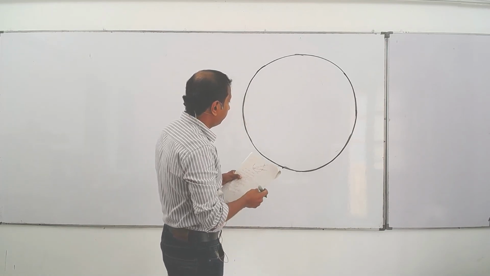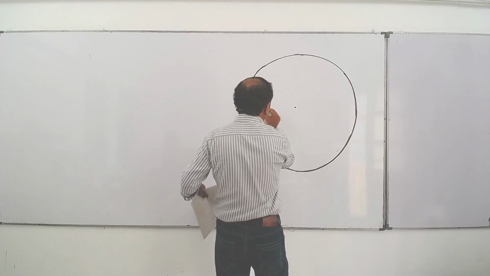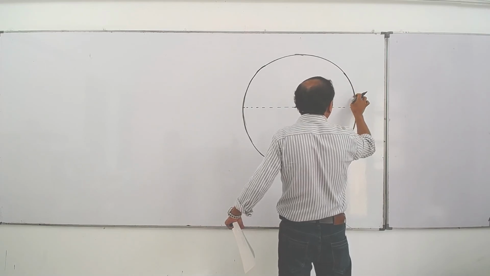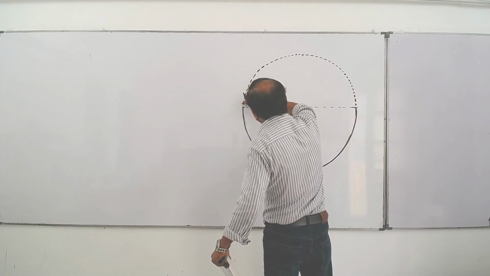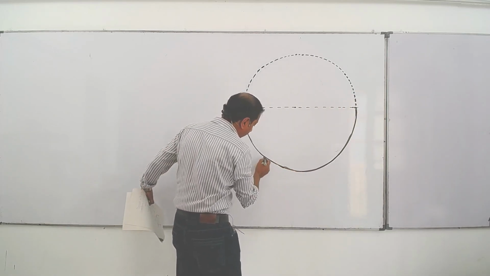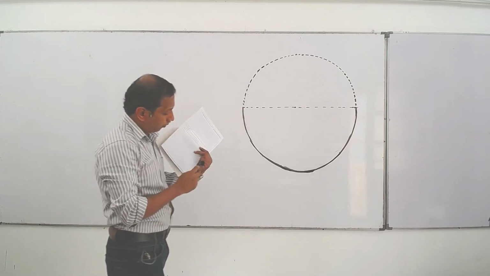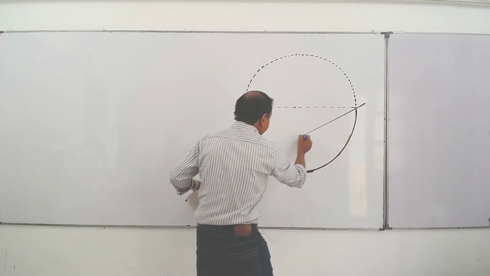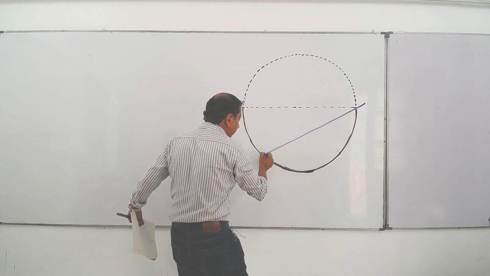Now I take the lower half. Draw the rod resting like this.